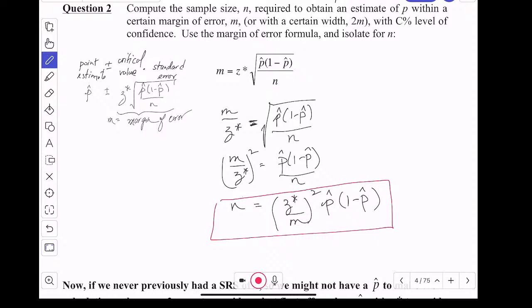So Z star, we know how to get that, provided that we know the level of confidence, the proportion of observations it wants to capture in the interval. So you'll be able to get the Z star. M is given. And then what is P hat?